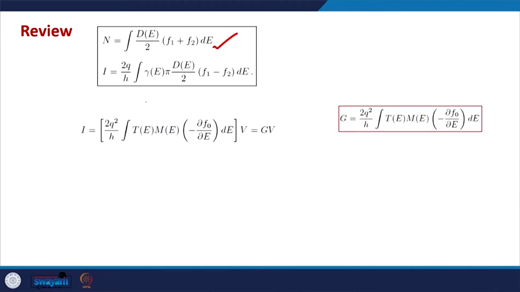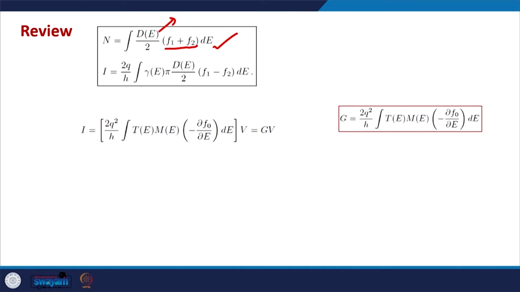Hello everyone. So today we will finish our discussion on conductance both in ballistic and diffusive transport case, and we will see how the ideas that we have discussed can be generalized to bulk transport case. So what we have seen up to now is that the steady state electronic population in general can be given by this quantity, which essentially depends on the Fermi functions of the contacts and the density of states of the channel.